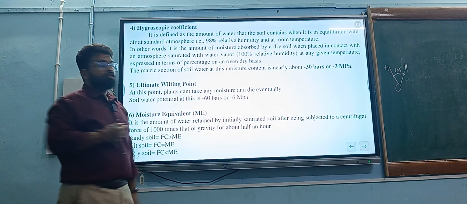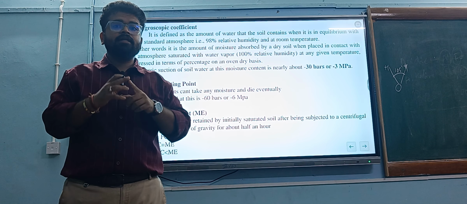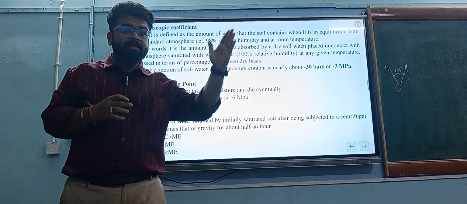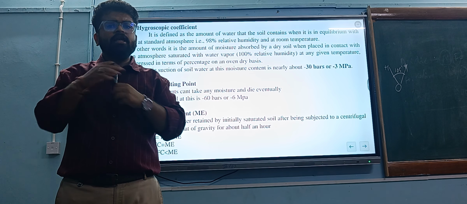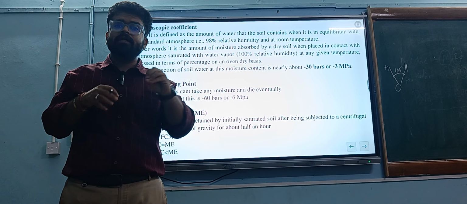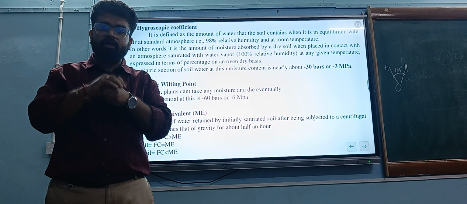The next coefficient is the hygroscopic coefficient. We were discussing in that figure that hygroscopic water is held at 31 bar. So water is held very tightly that the plant cannot absorb it. In order to remove this water, it can only be done by placing it in an oven at a temperature of 100 degrees, where the water gets evaporated.